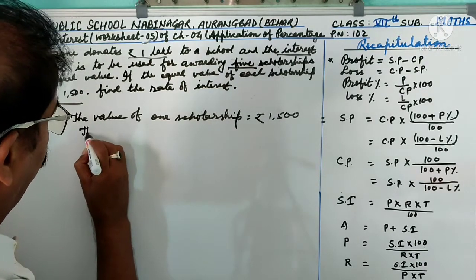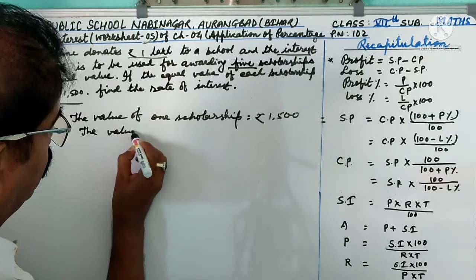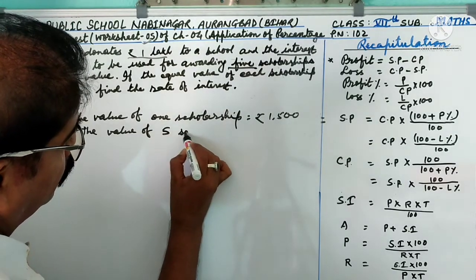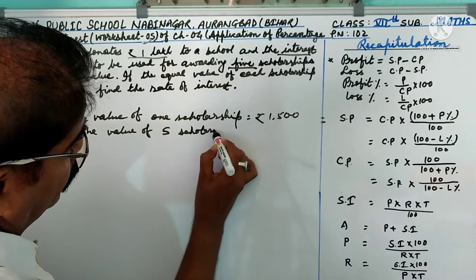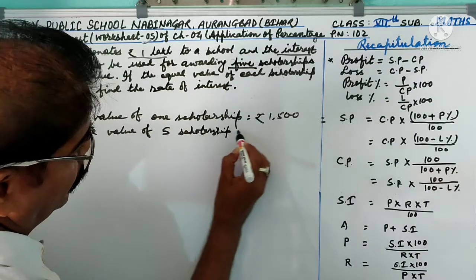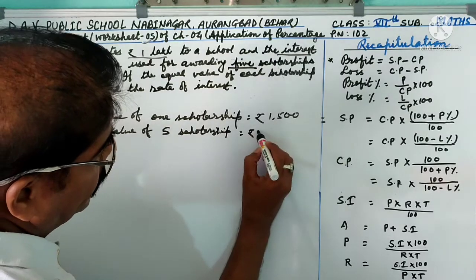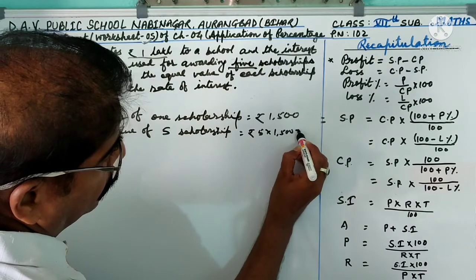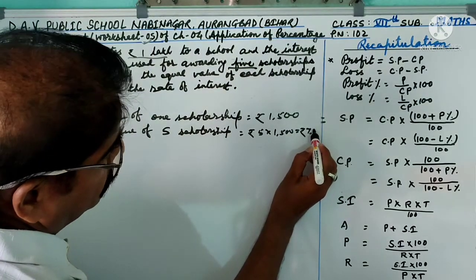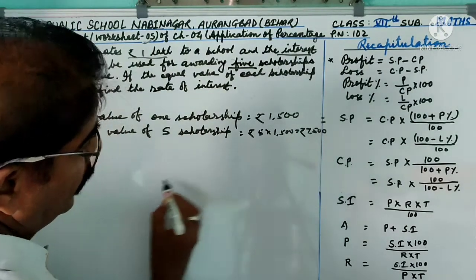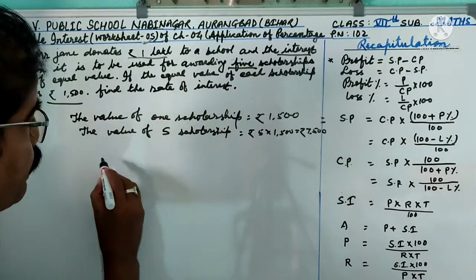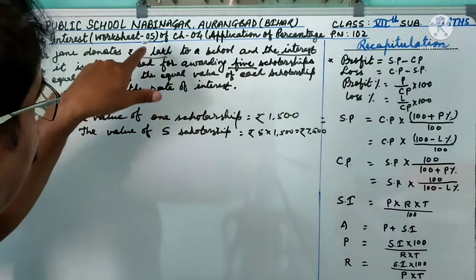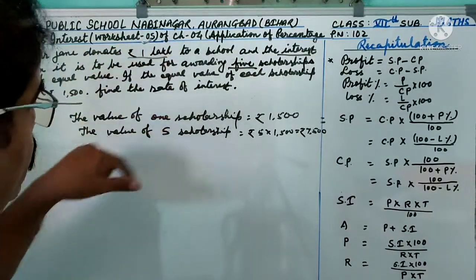So value of 5 scholarships equals 1500 into 5, 7500. That means here the interest of each year, that is interest of 1 lakh.